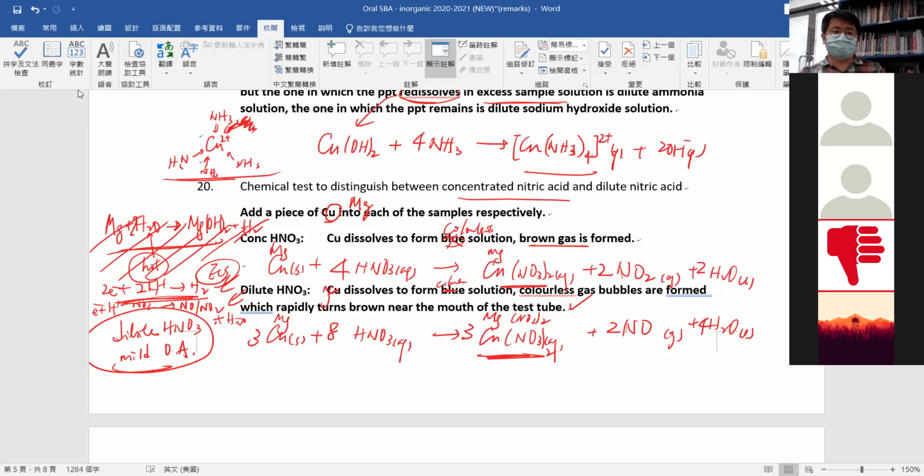So if you go back to this, now the case will be a little bit clearer. If I put it into very dilute nitric acid, Mg would dissolve to give a colorless solution, and the gas is colorless. But that colorless gas is not NO, it's H2. Why?